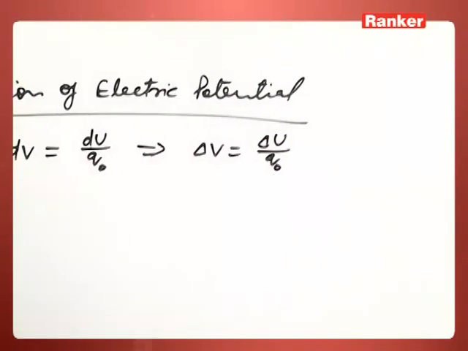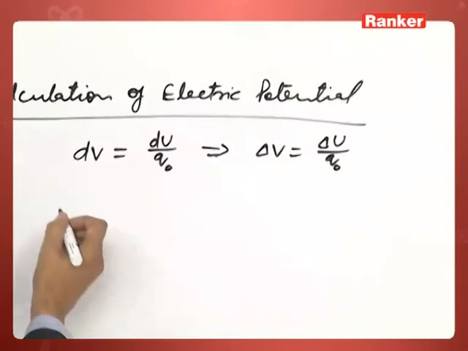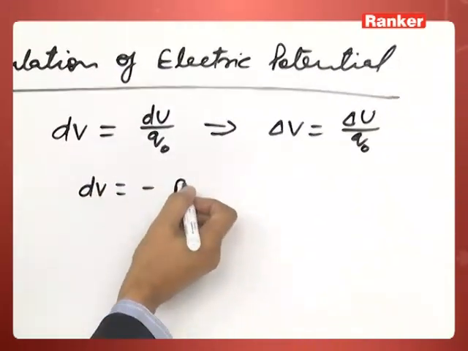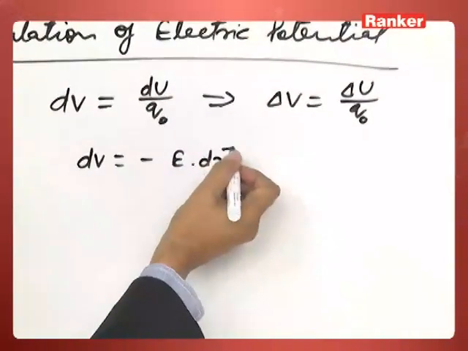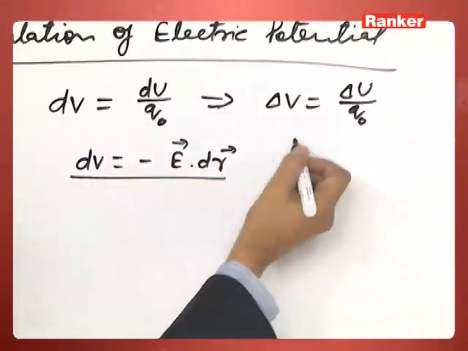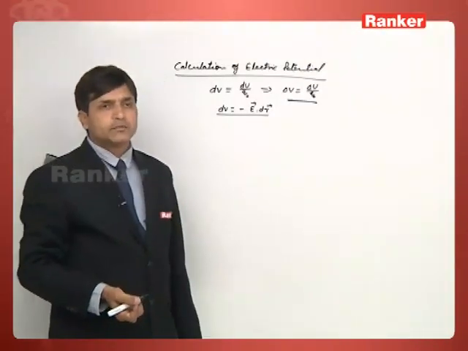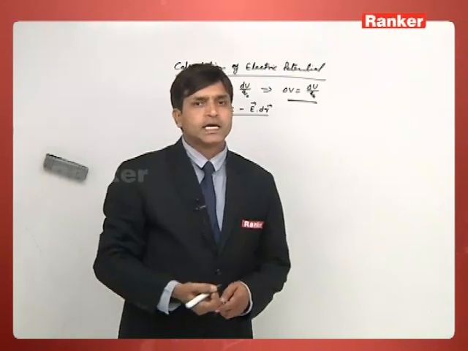This is one of the fundamental relations, and another is the electric field relation, dV is your minus E dot dr. Any of these two relations can be used to determine the potential due to different charged bodies.